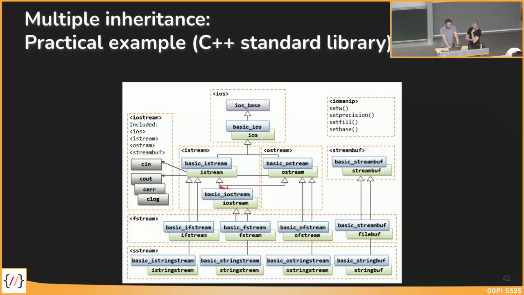So this is one example of multiple inheritance, and since both of those classes inherit from ios, we also have this diamond example. So this shows us that it is used in practice, for example in the C++ standard library.